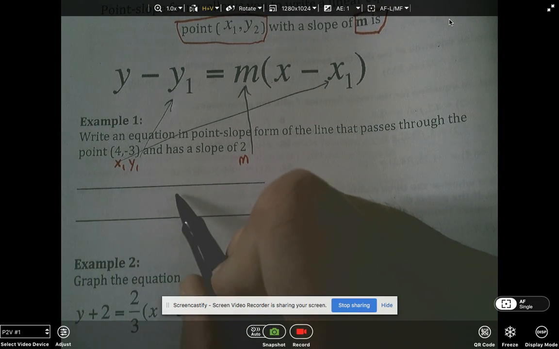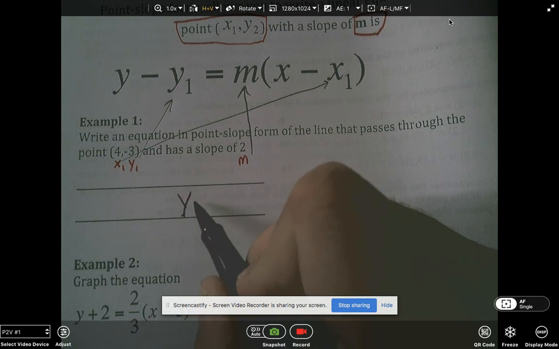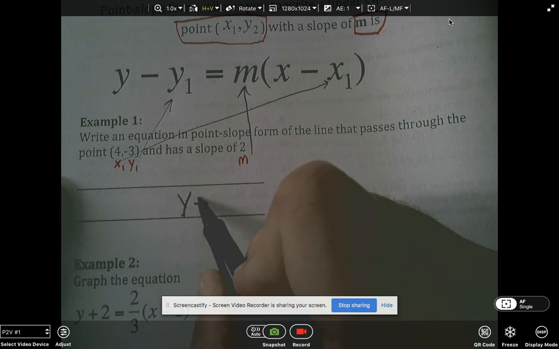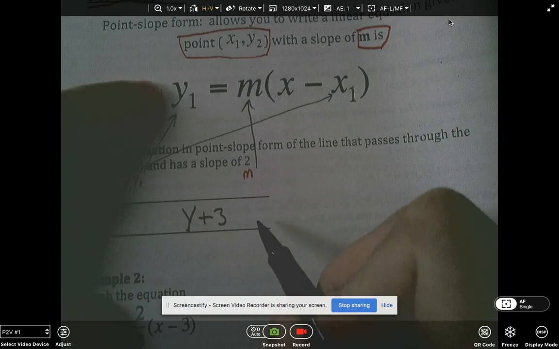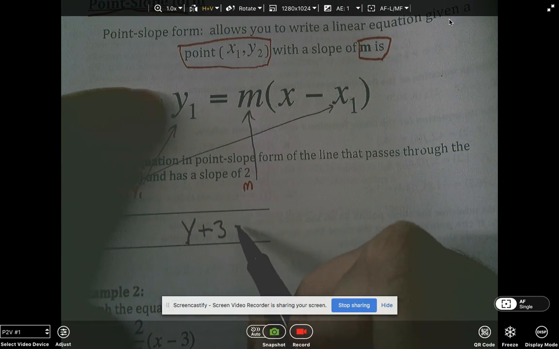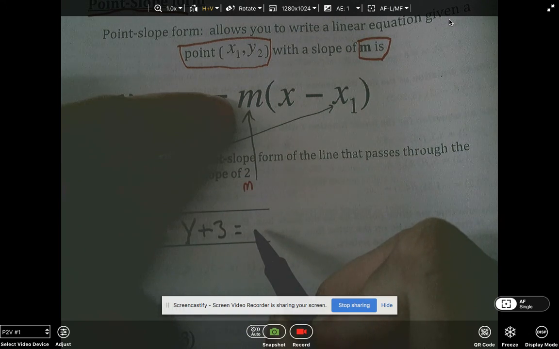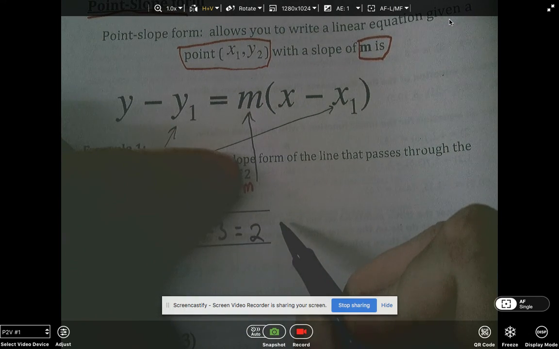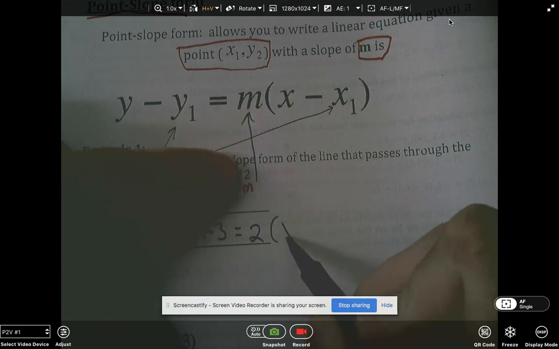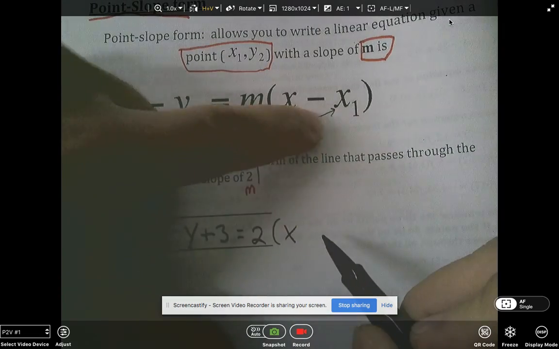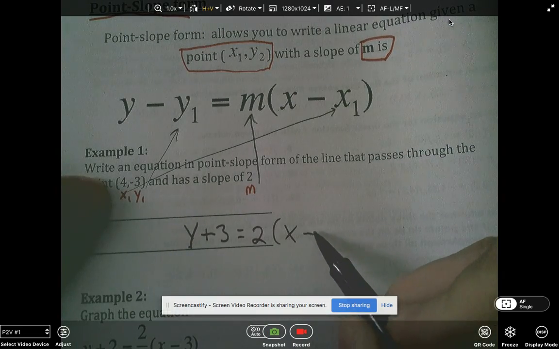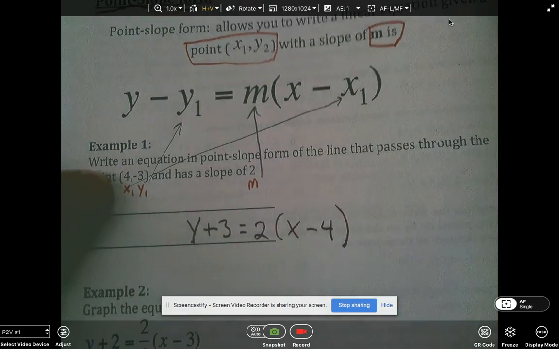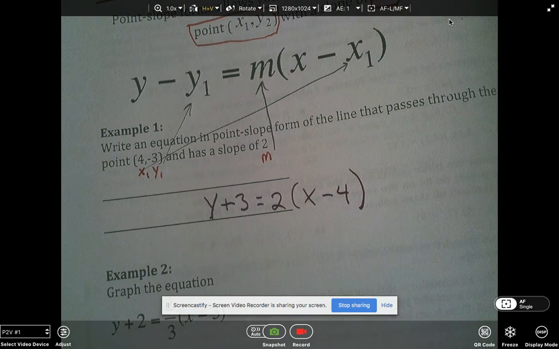So it would be y minus a -3, which would actually be plus 3, equals my slope, which is 2, then parentheses x, and then minus my first x, which is 4. So that's in point-slope form.